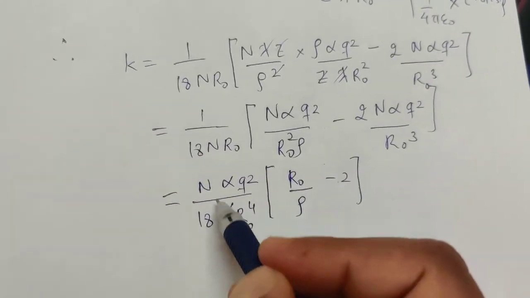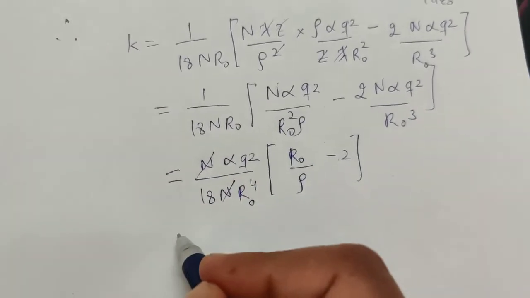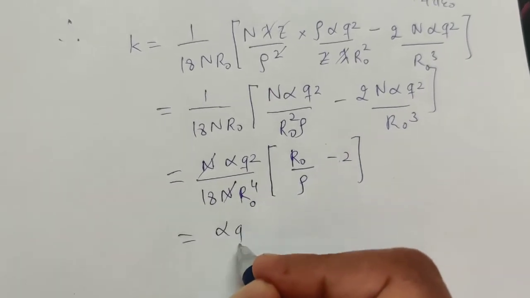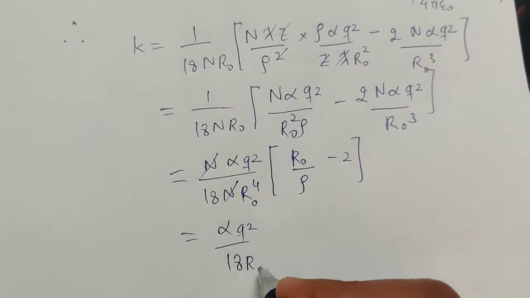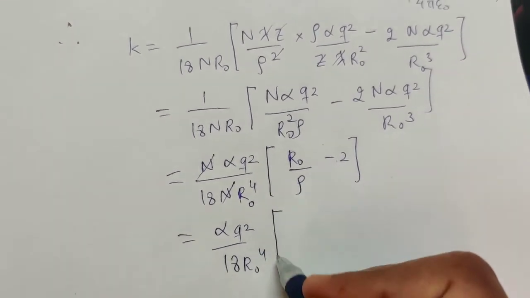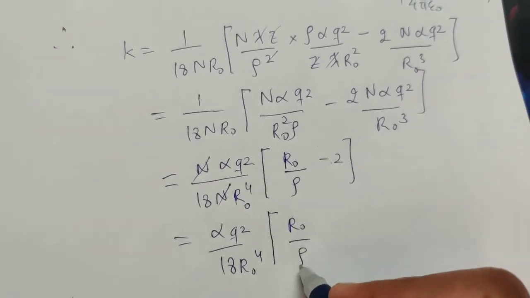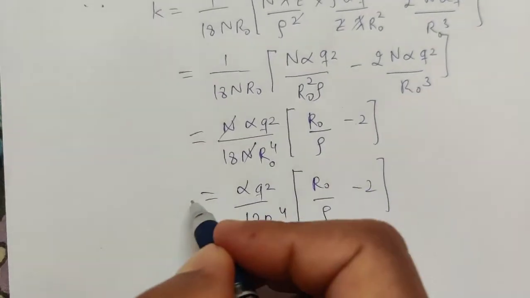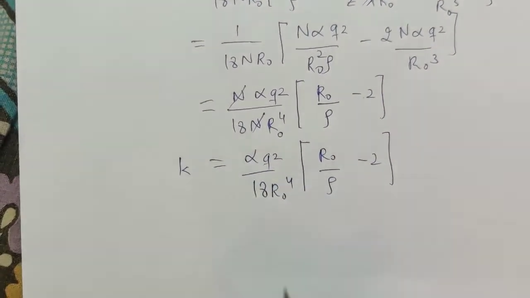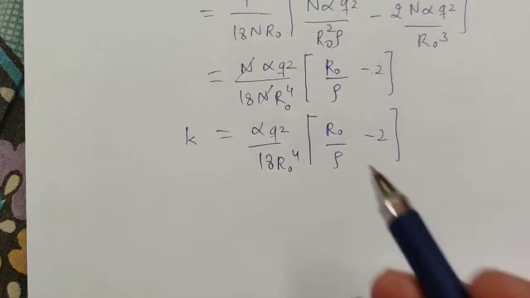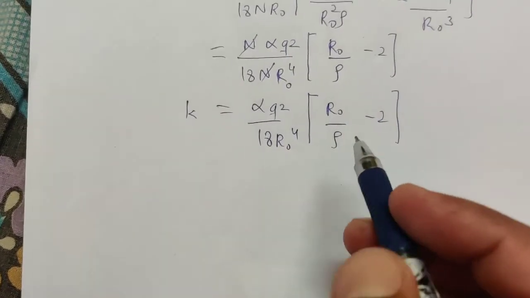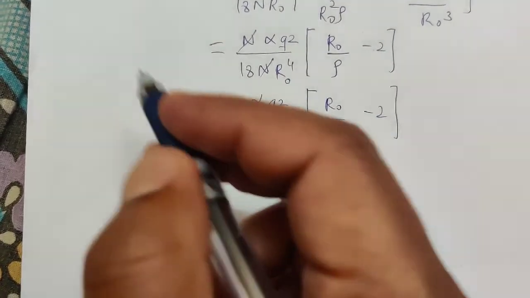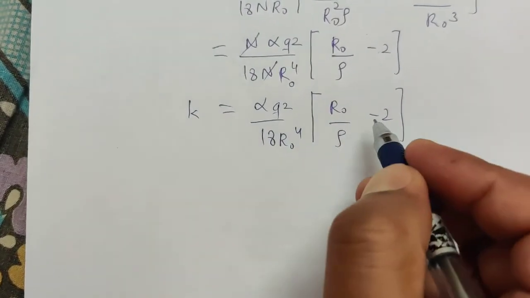So n cancelled. This will be alpha q square upon 18 r naught to the 4, into r naught upon rho minus 2. This is the bulk modulus. Now you have to find rho. Take this factor to this side, and 2 will be here.